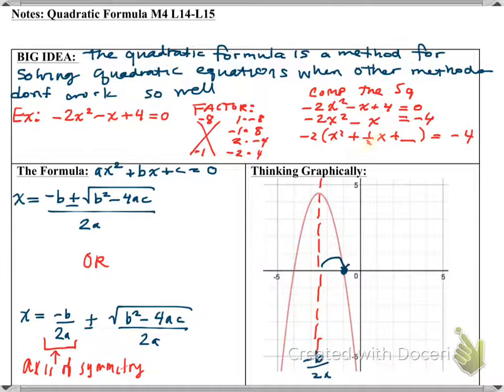And remember, x-intercepts are the same as the solutions when we set the equation equal to 0. And then if I subtract from negative b over 2a, that takes me over to my other x-intercept. So if I'm adding here, I get to 1, and then the subtraction gets me to the other.